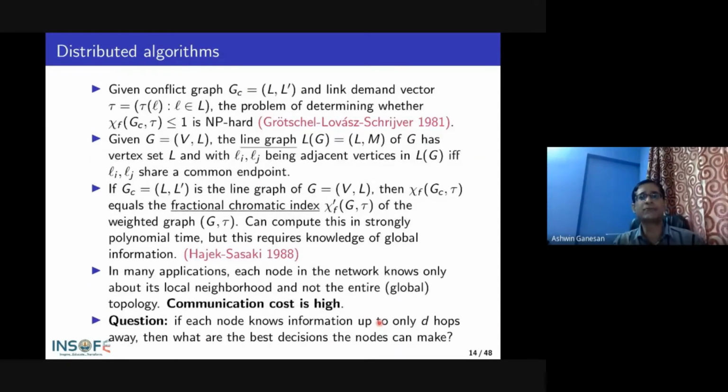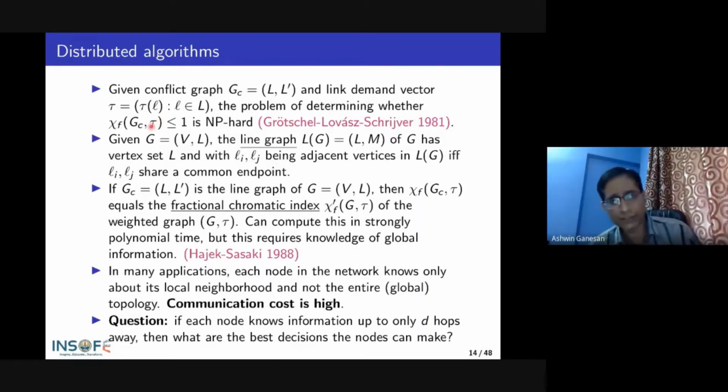Now, it turns out that that's actually an NP-hard problem. The problem of determining whether the fractional chromatic number of a graph is less than or equal to 1 is NP-hard. In fact, even if you restrict all the weights to be 1, so you have an unweighted graph, just a regular graph, and you want to know its fractional chromatic number, it turns out to be NP-hard to calculate that as well.